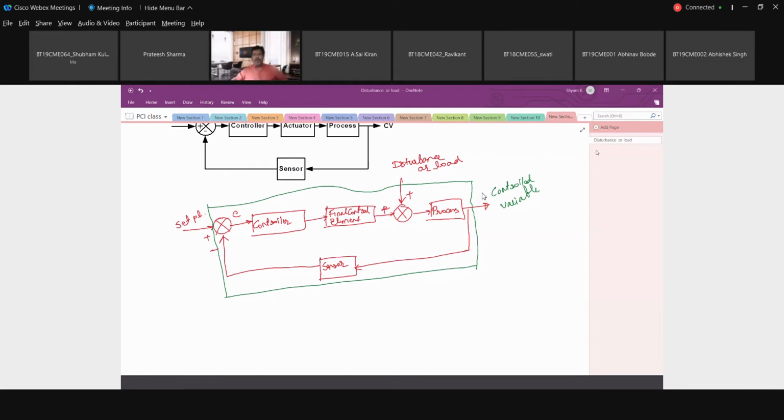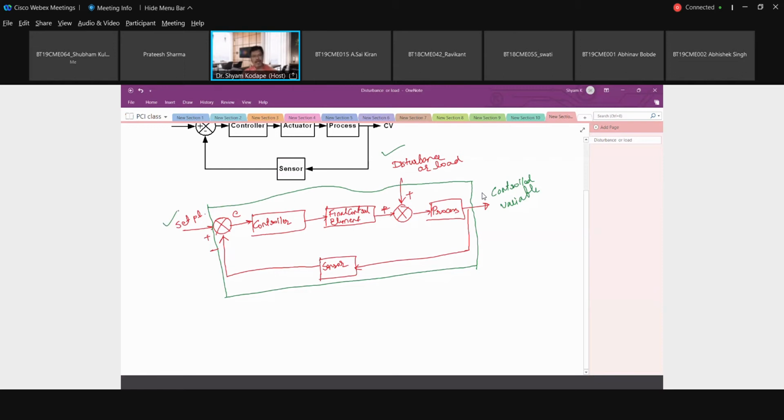See, two variables, if you observe, are the two arrows or the two particular incoming streams. Those arrows represent that some variables are coming from the surroundings and affecting the system's variable. So it may be a disturbance, or it may be a set point.